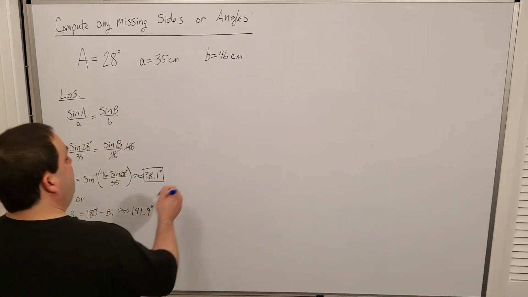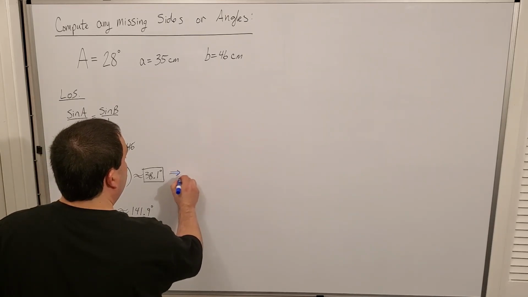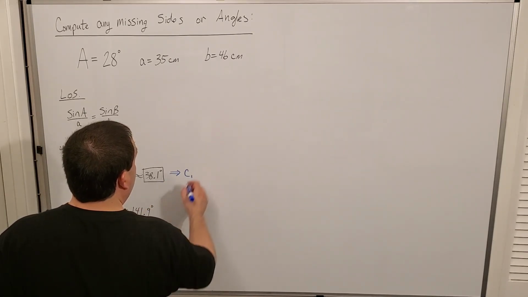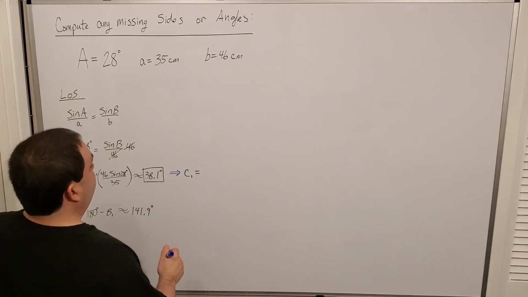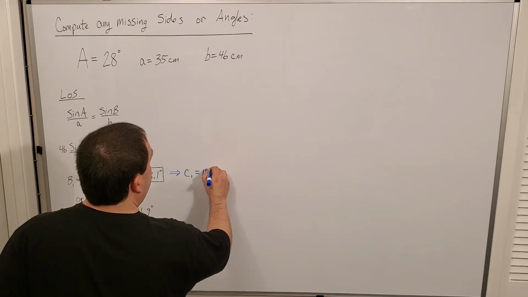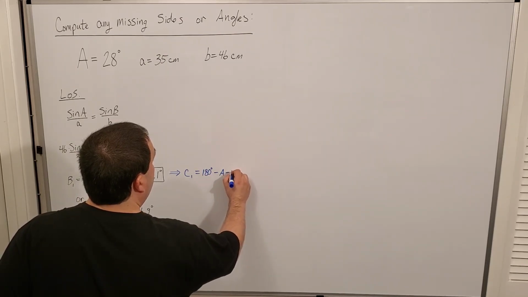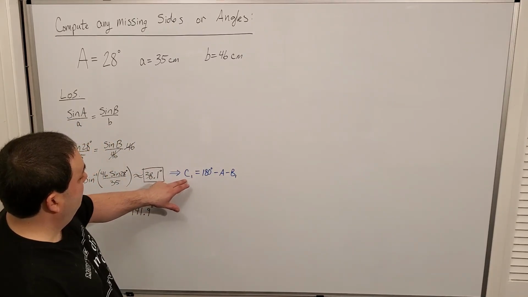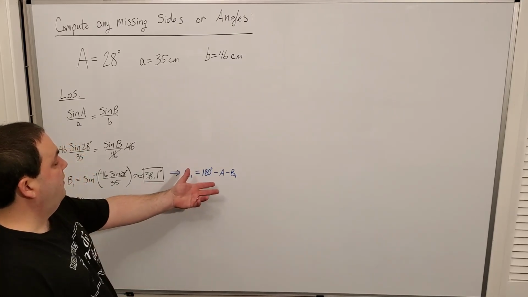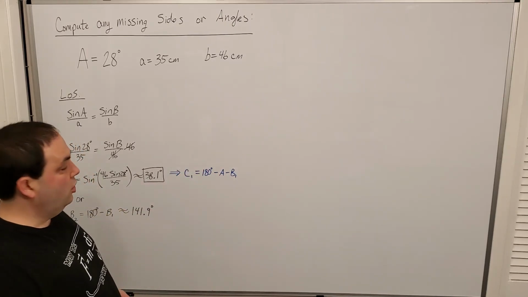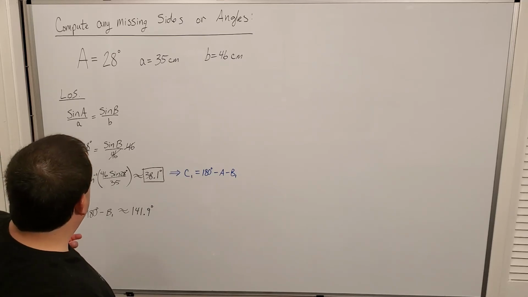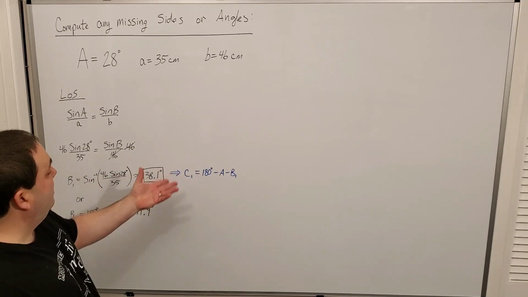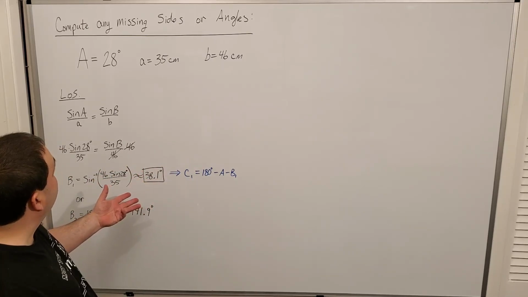Okay, this then implies that C1, this is capital C, the angle 1, is going to be equal to 180 degrees minus angle A minus B1, right? Because the C1 plus A plus B1 would have to be all in a triangle together. They'd have to add up to 180 degrees. Okay, so then the 180 minus those other 2 angles should give me the third, the last remaining angle, right?